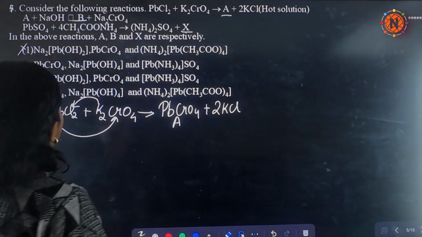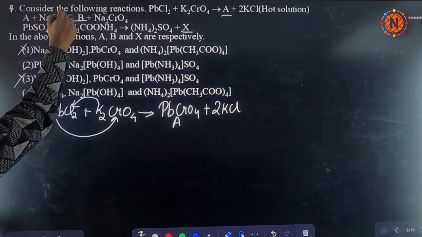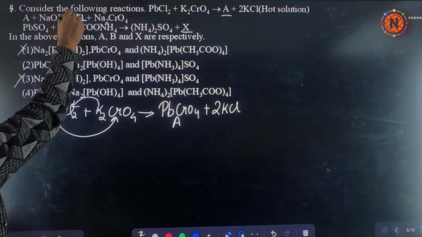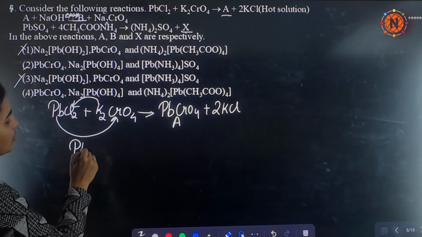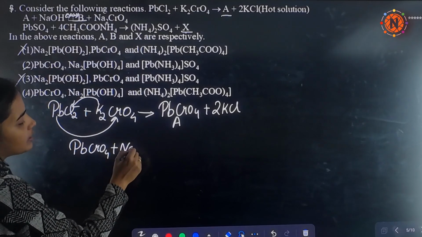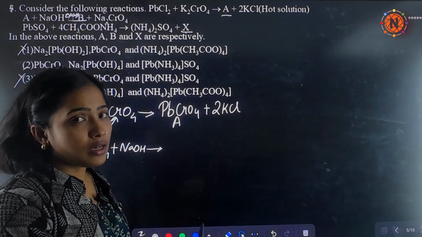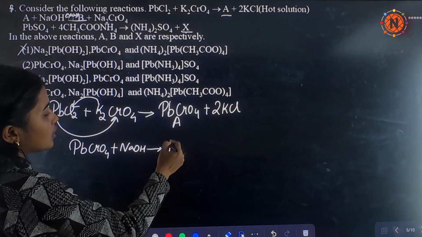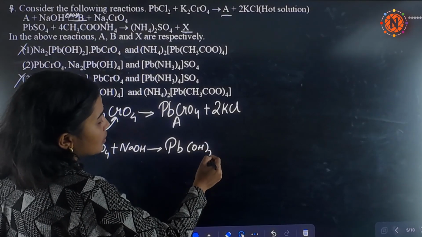Moving to the next step, compound A was reacted with NaOH in excess. The very first thing it will produce is lead hydroxide in the solution.